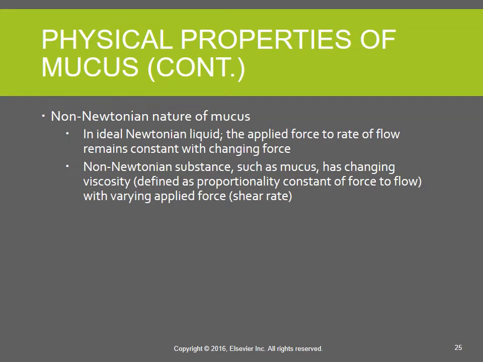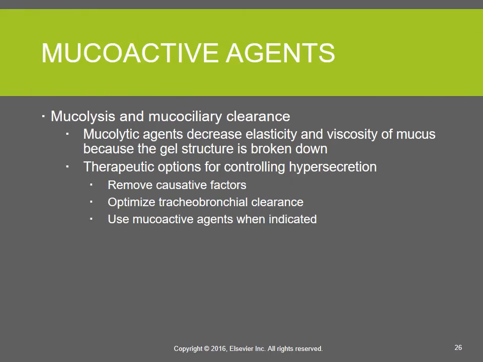Because of its non-Newtonian behavior, evaluation of the properties of mucus and of the effects of drugs on those properties is complicated and must be performed under standardized conditions. Mucolytic agents decrease the elasticity and viscosity of mucus.